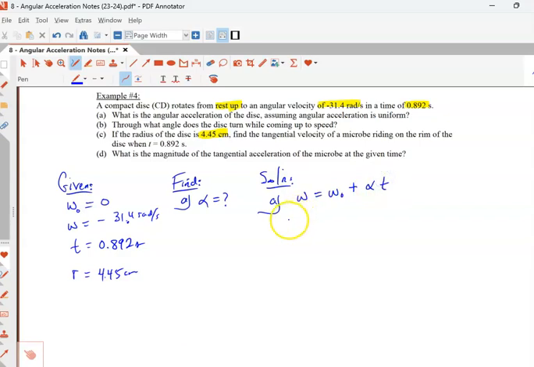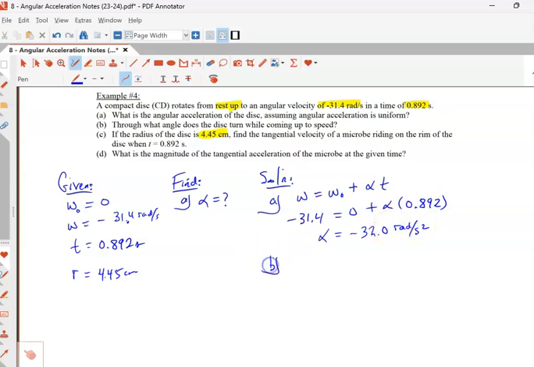So we have negative 31.4 equals 0 plus alpha times 0.892 seconds. This gives me an angular acceleration of negative 32 rads per second squared. It's like negative 31.97556, so I'll just round up to negative 32.